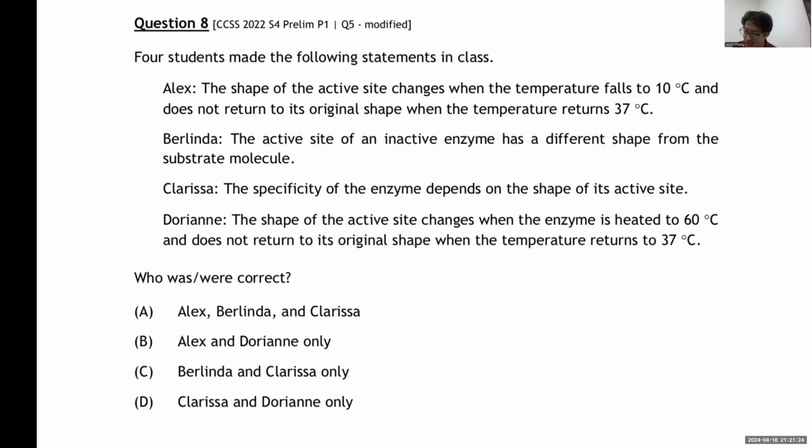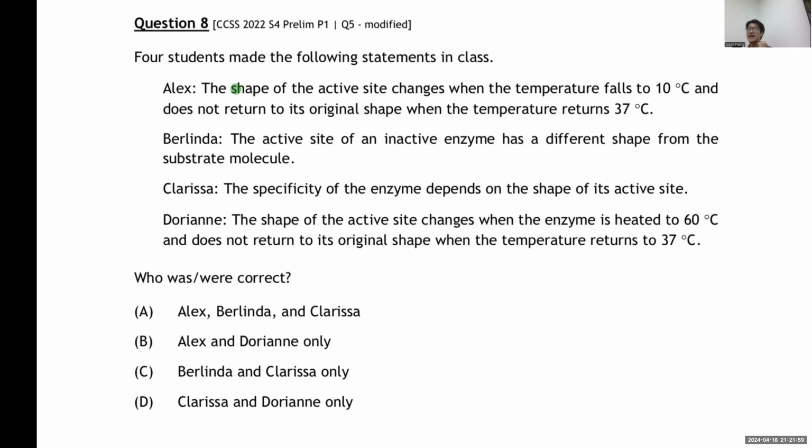Wow. Okay, so this first part. If I become cold, does the active site change? No, it just becomes inactive. Thank you. So Alex is wrong because of that. Jadine, Belinda is wrong because, so not enough what?